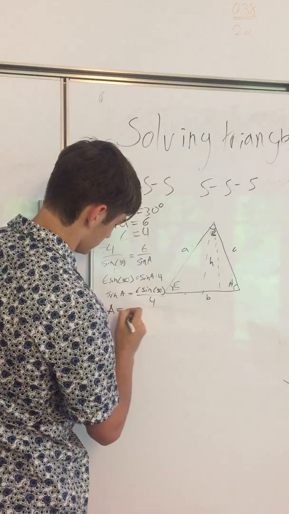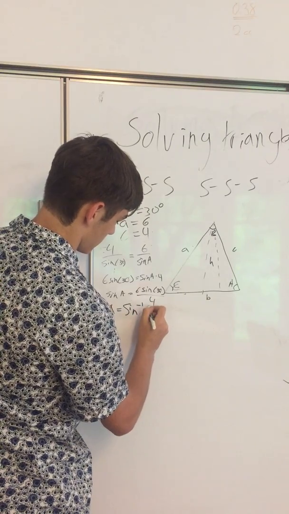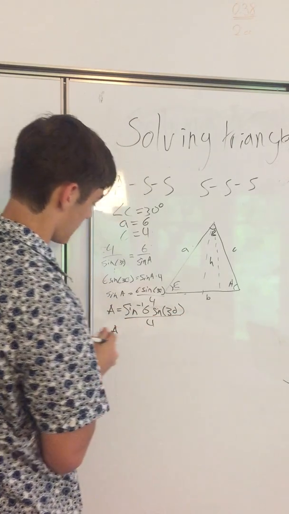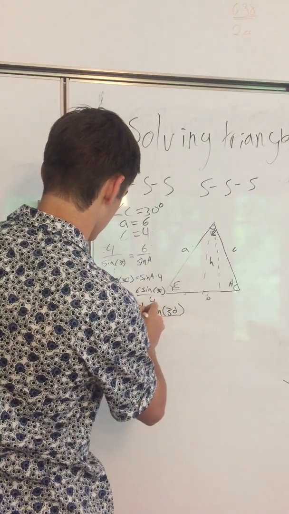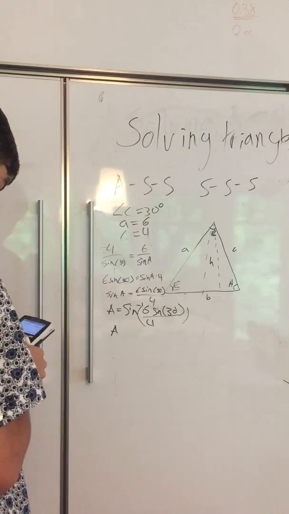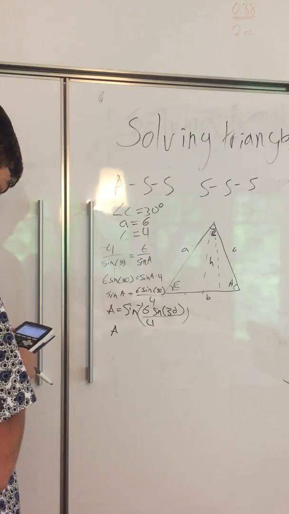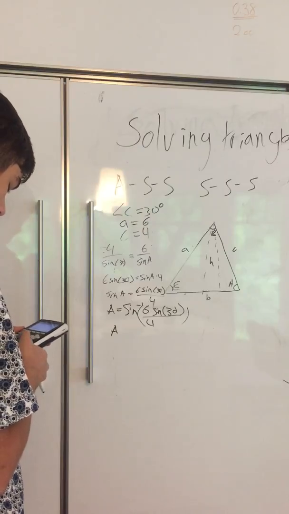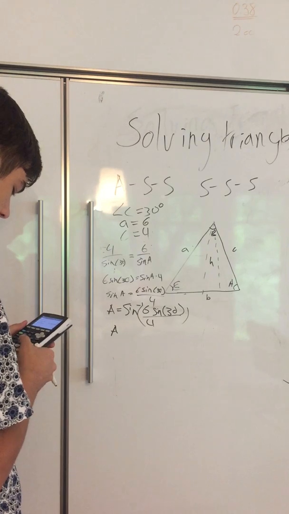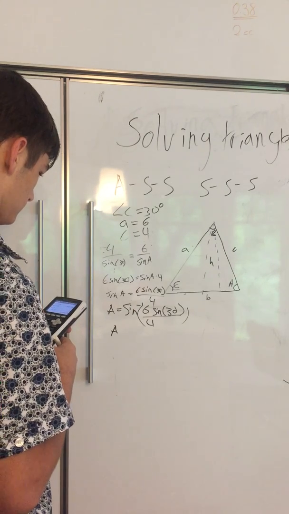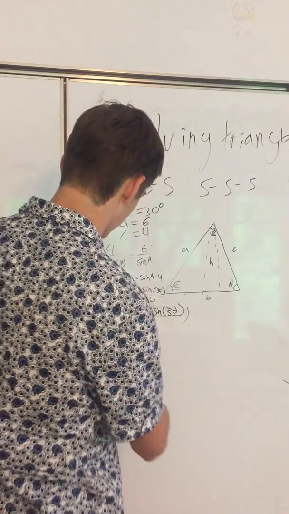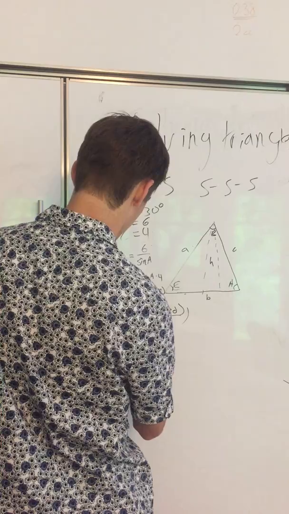So A is equal to arc sine of 6 sine 30 over 4, which is equal to 48.59 degrees.